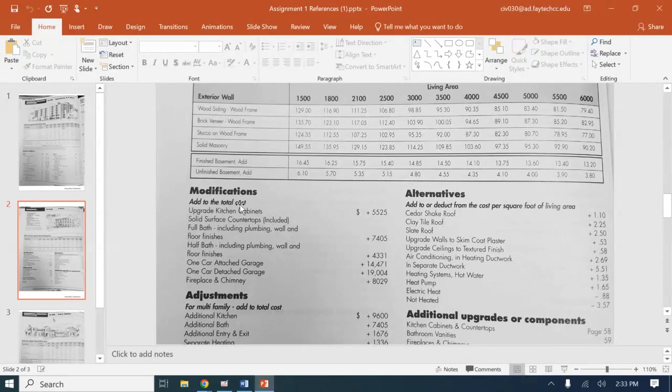So you should be roughly around, and I'm just going to give a ballpark to see if you're close, you're going to be roughly around $280,000, give or take 1,000.